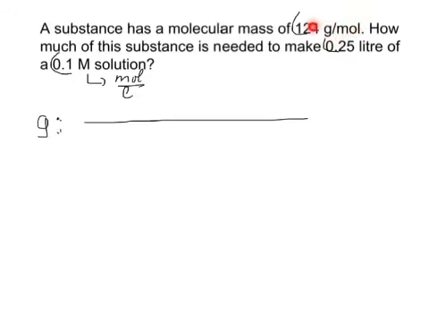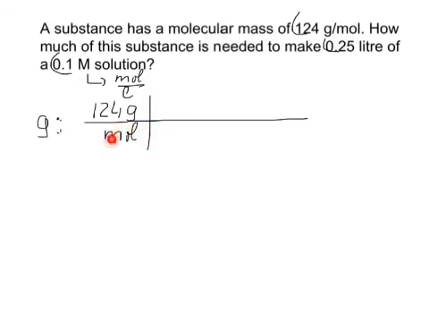So what we do is we simply write down the 124, and we always keep the units, gram per mole. We write it like that. So we have our first term. Now we notice that we have the mole down here. So that will be our next step.